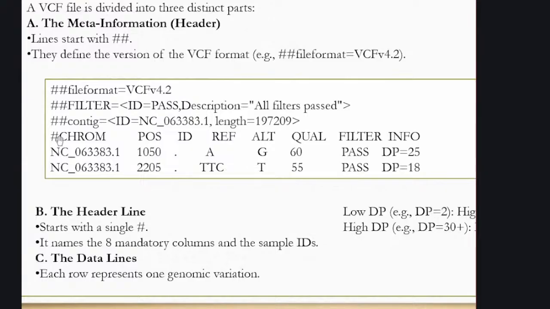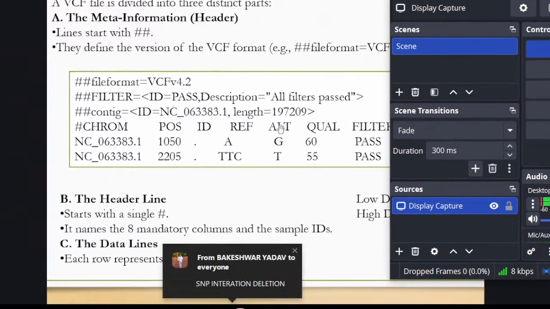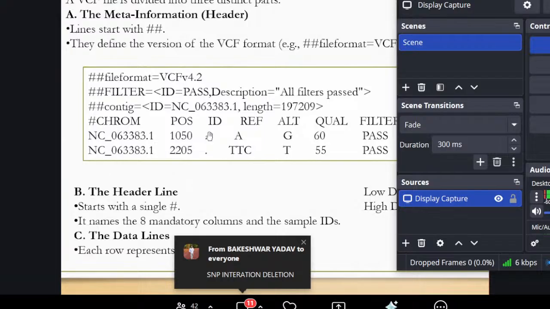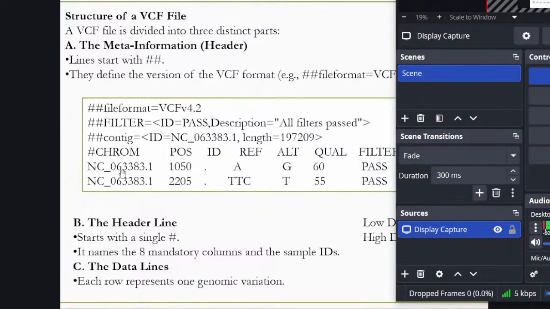The important one is where there is only one hash, which is the header. Here you can see in each column what information you are getting. In the first column there is the reference genome on which you have analyzed your data for the point mutations.